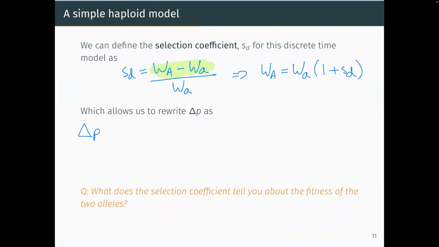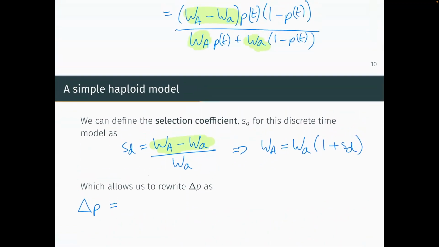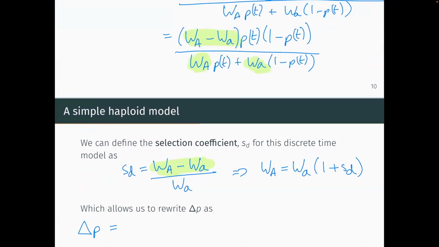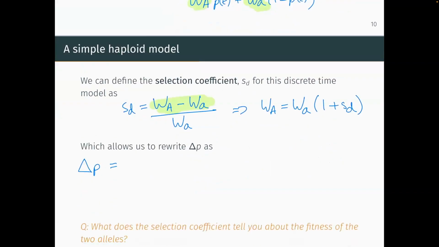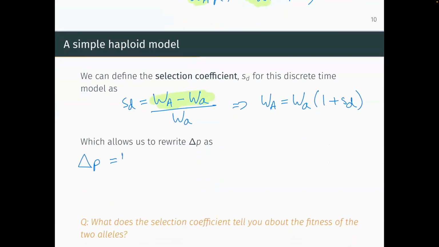So our delta P, so our change in the frequency of allele A in one generation, we can write this in terms of S sub D now. How do we do that? Well, we note that up here, we can replace the W sub capital A minus W sub little a with W sub little a times by SD. And then the rest of what we had on the numerator stays the same.